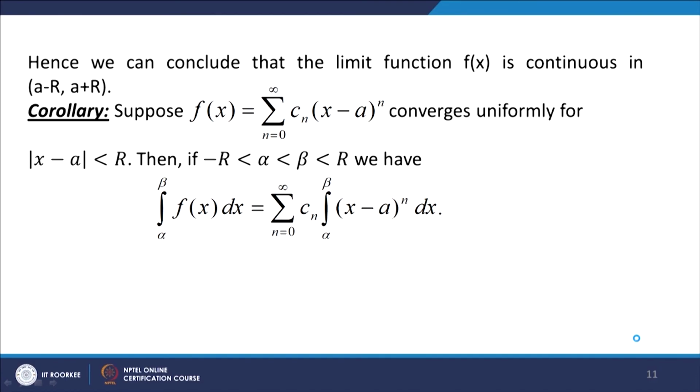Now, we can state this corollary. Suppose f x is equal to sigma n equal to 0 to infinity Cn x minus a to the power n converges uniformly in the range mod of x minus a less than r. Then if alpha beta is a closed interval lying in mod of x minus a less than r, that is, if minus r is less than alpha less than beta less than r, we have integral alpha to beta f x dx equal to sigma n equal to 0 to infinity.